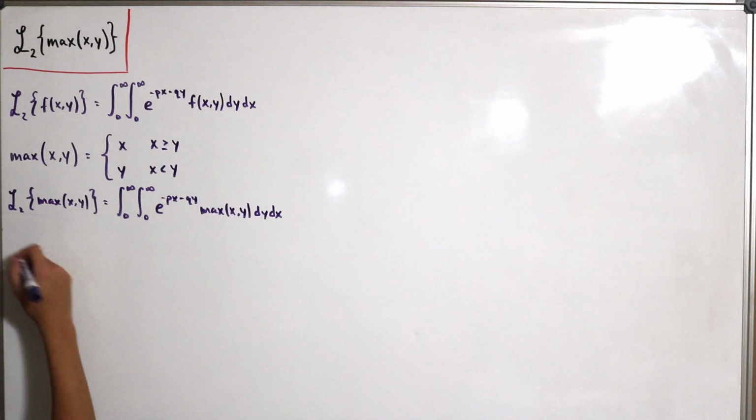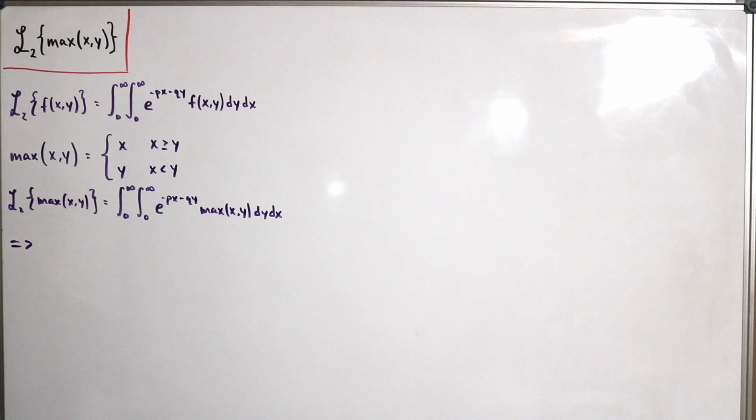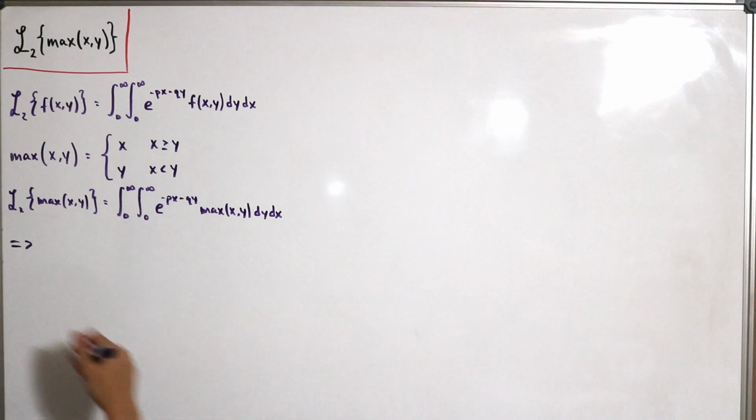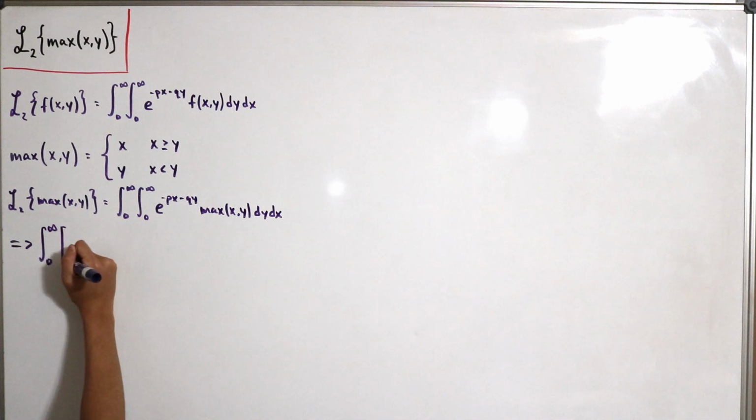So what this entails is that if we substitute the max of x, y, we have two different integrals to calculate, integrating with respect to y. I put this in brackets.